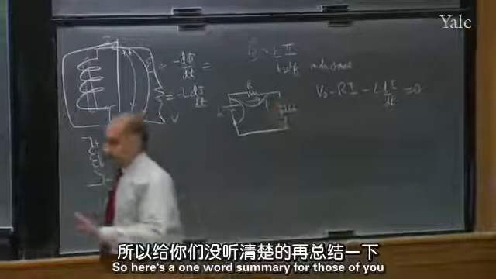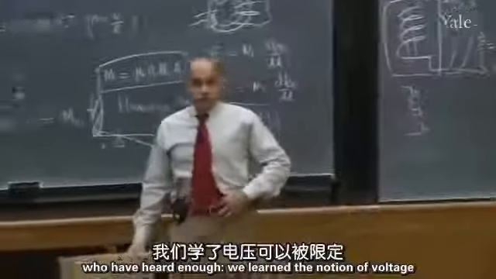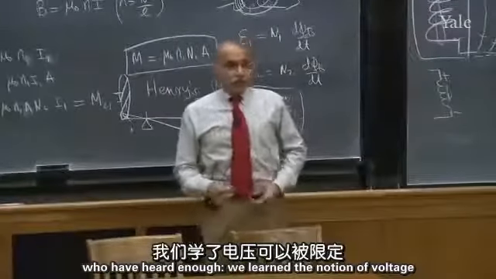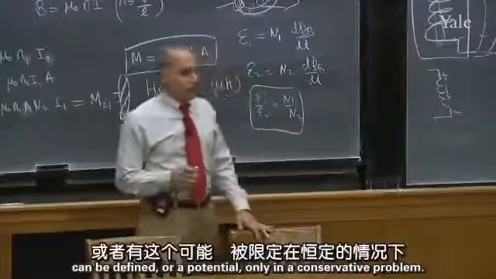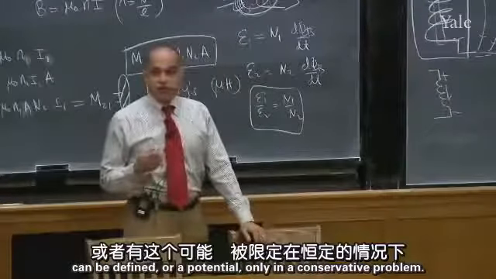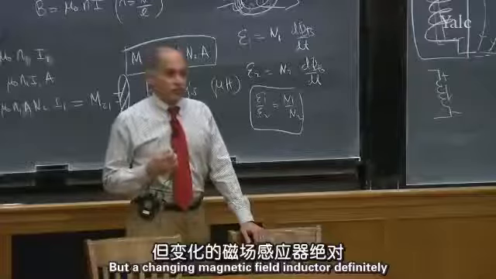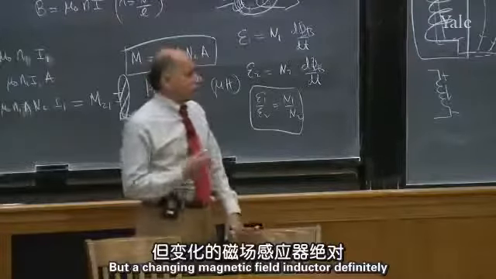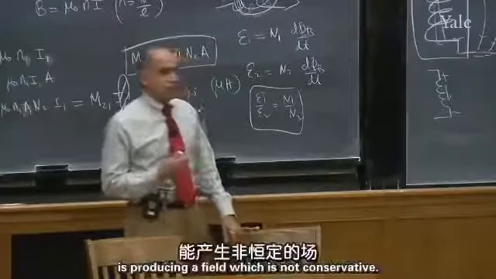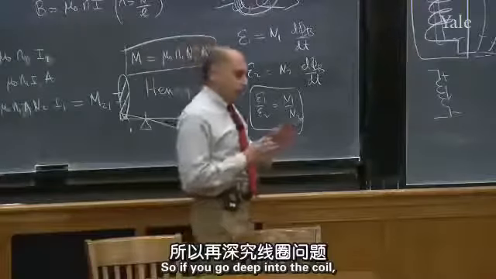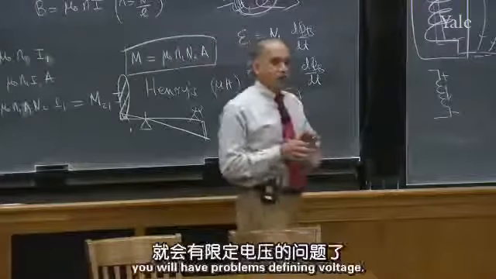So here's a one-word summary for those of you who have heard enough. We learned the notion of voltage can be defined, or a potential, only in a conservative problem. But a changing magnetic field inductor definitely is producing a field which is not conservative. So if you go deep into the coil, you will have problems defining voltage.